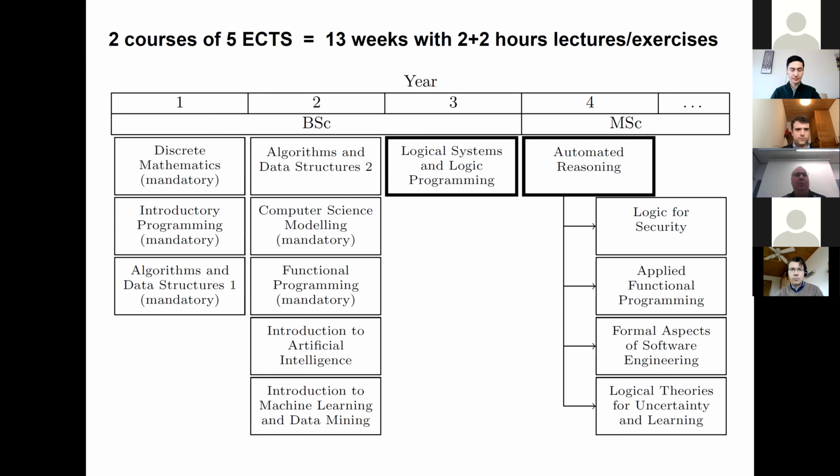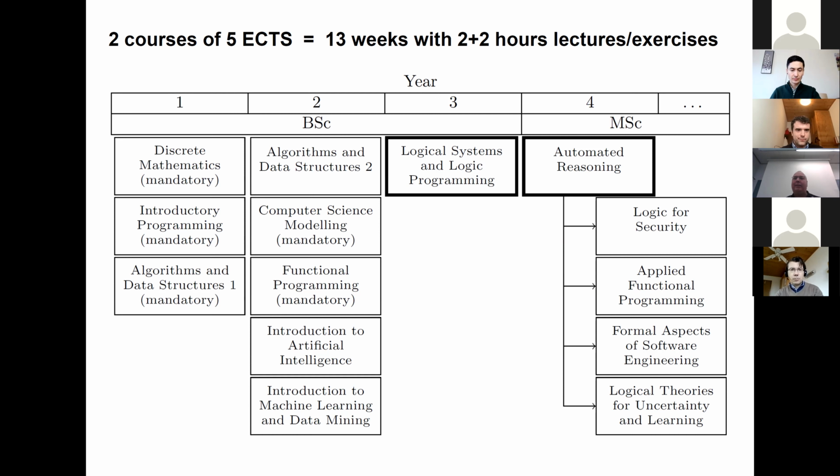We can assume that the students know discrete math, some logic there, the usual tableau, and of course programming, algorithms, and some basic topics in more theoretical computer science and functional programming.